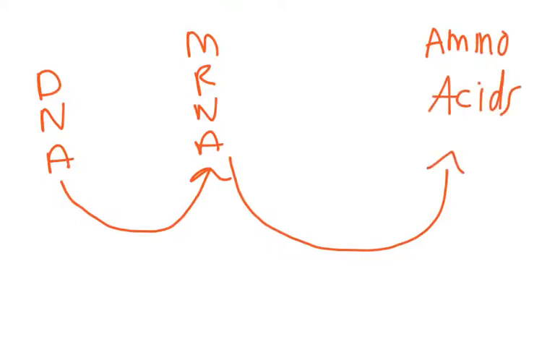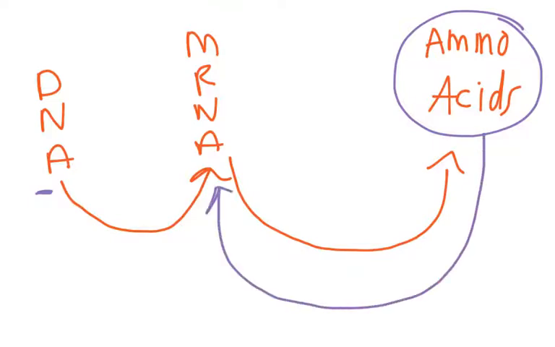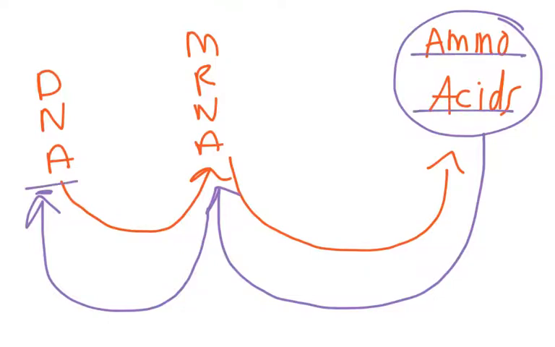So now we can also work backwards. If I were to give you an amino acid and we start there, and I ask you, well, what would the corresponding DNA strand be? Well, we can also start with our amino acids, work towards our mRNA, and then in towards our DNA. But we have to understand that we cannot just take an amino acid and directly figure out what a DNA is. This mRNA is important because it acts as that stepping stone.